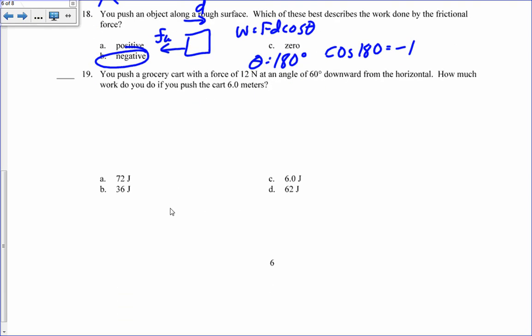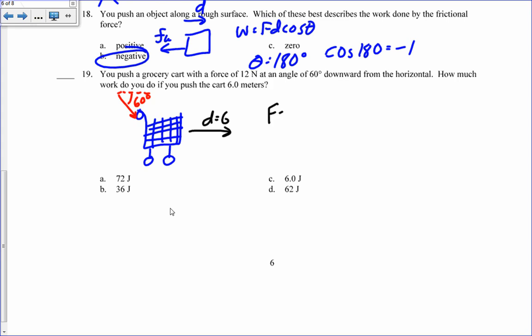You push a grocery cart with a force of 12 newtons at an angle of 60 degrees downward from the horizontal. How much work do you do on the grocery cart? All right, I have a force that's pushing downward 60 degrees, and my displacement is 6 meters in this direction.